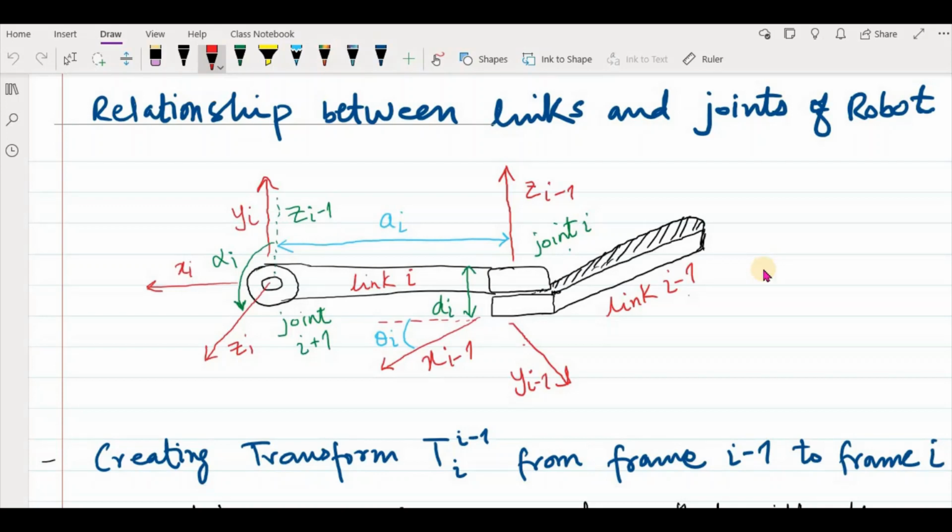This link has a joint which connects link i minus 1 to link i minus 2. Then link i minus 1 is a little bit twisted. Here you see that on this side, joint i rotates about the z minus 1 axis, like this.